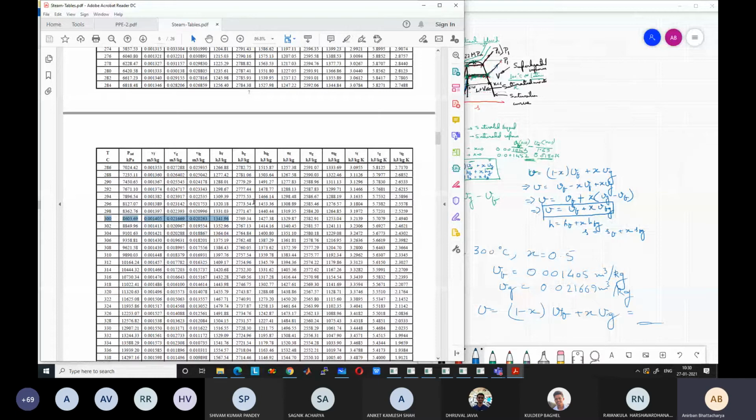So we have to use thermodynamic tables which are much more accurate. Otherwise your calculation will not be correct. Okay, I guess no questions.